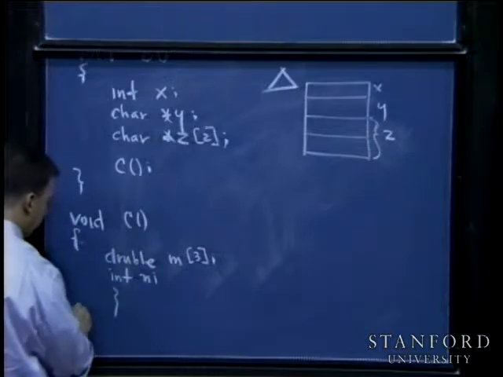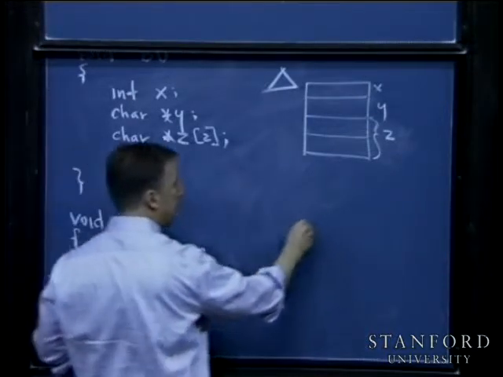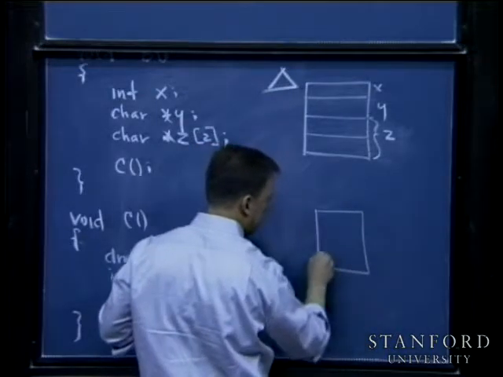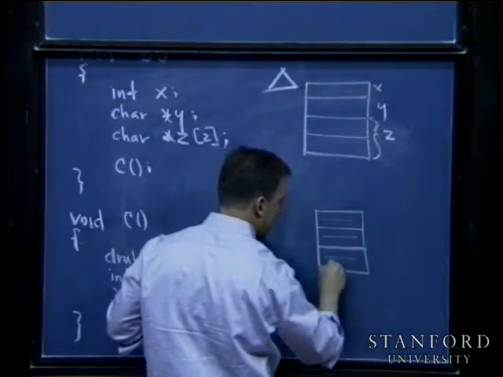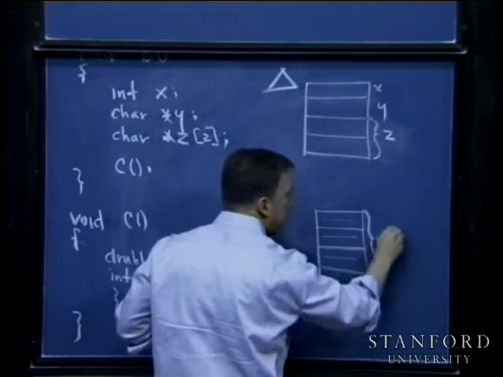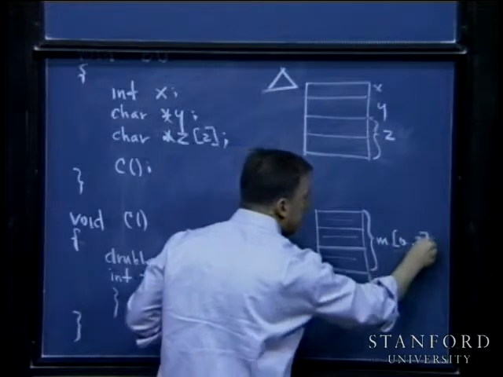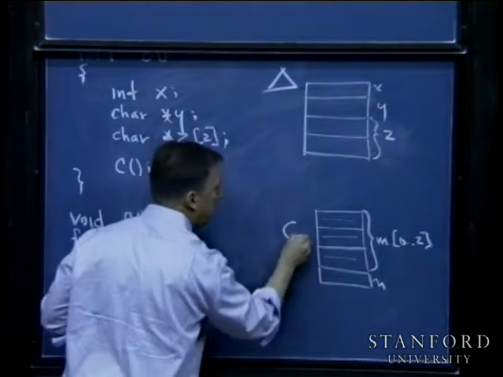It doesn't do anything that involves any other function calls. The activation record for this would be big. There are 3 doubles, and a standalone int below it, n. This is all of m of 0 through 2. I'm going to abbreviate this with a circle.